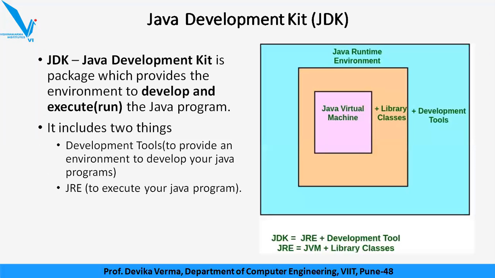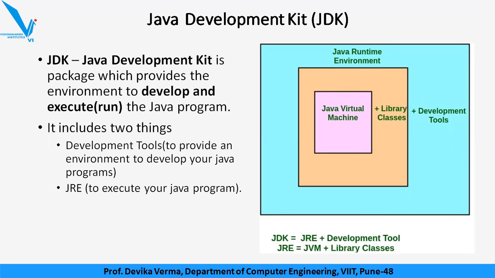But if you want to develop, then you should download and install the Java Development Kit. Now, what is the Java Development Kit? It contains the code for the Java runtime environment, so it is both the Java virtual machine plus all the library classes, along with the development tools required, like an editor, everything in it.